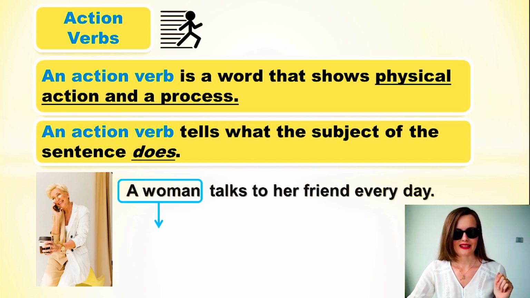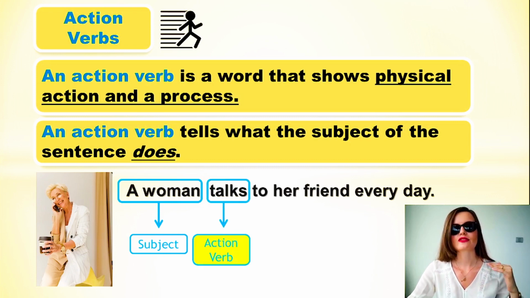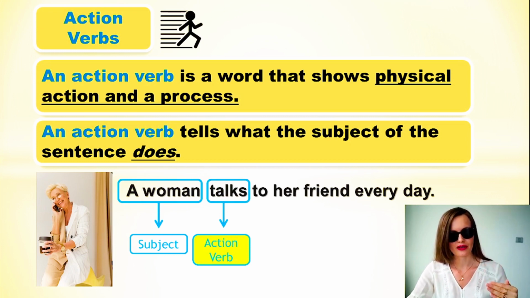The subject in this sentence is a woman. What does this woman do? Yes, she talks. Talks is an action verb because it shows what this woman does, what the subject of the sentence does. This is an action verb, to talk.